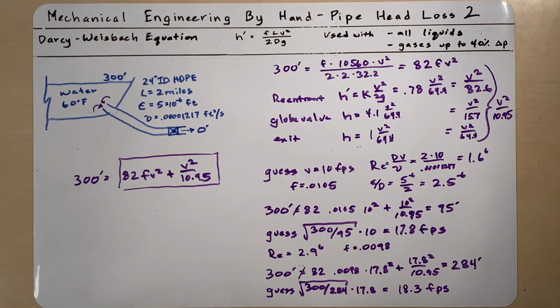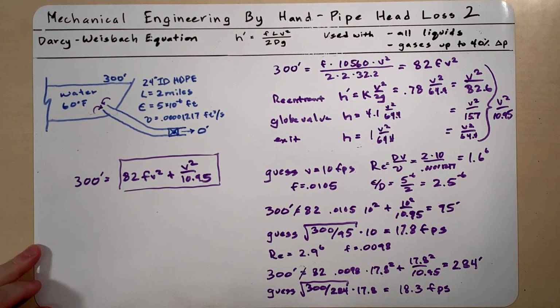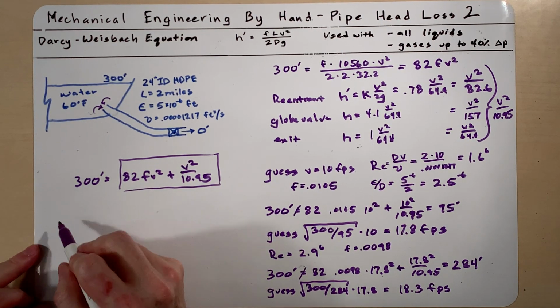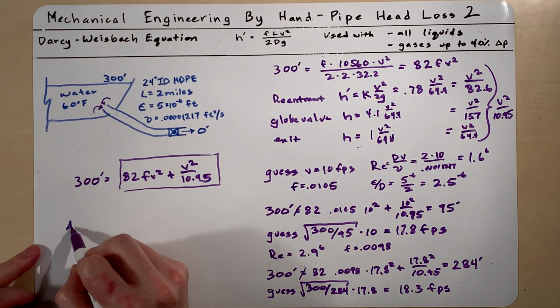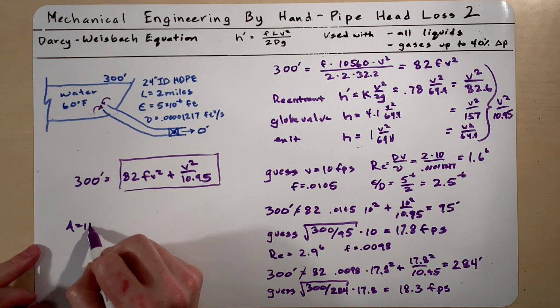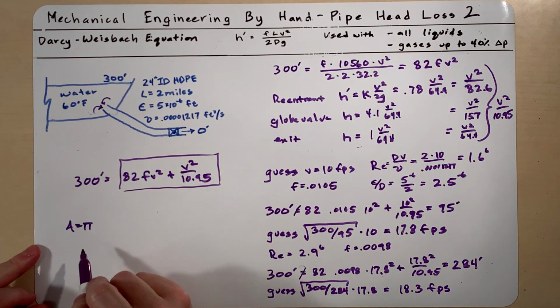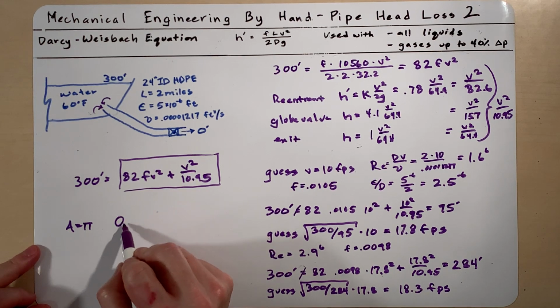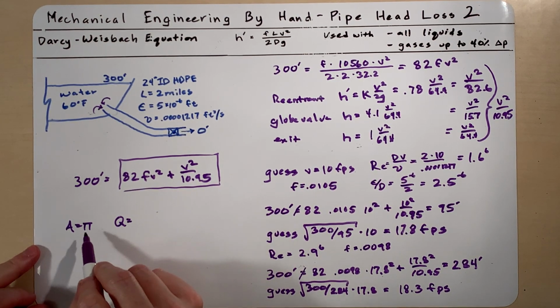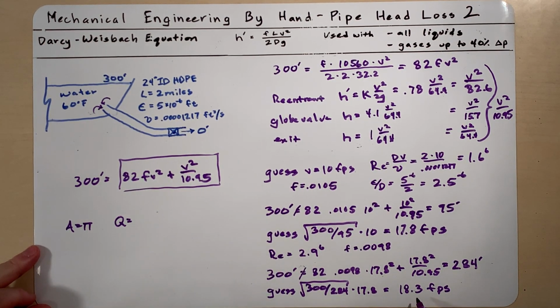Okay, so let's see, to calculate the GPM, we need to know the area of this pipe, which is pi r squared. So A equals pi times 1, and then the flow rate would just be the area times our velocity.